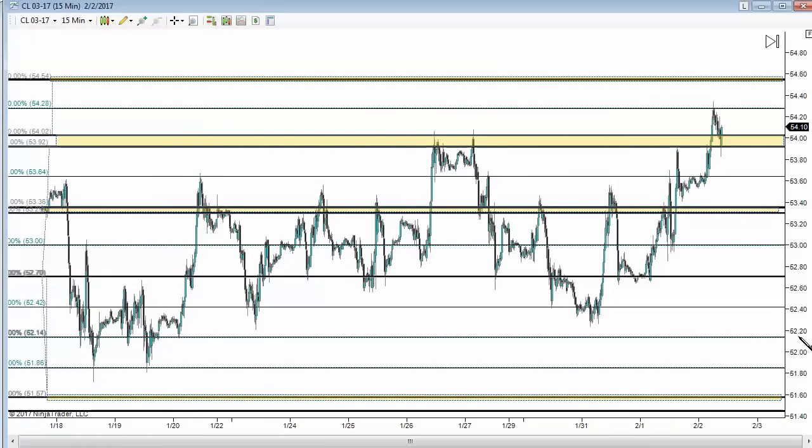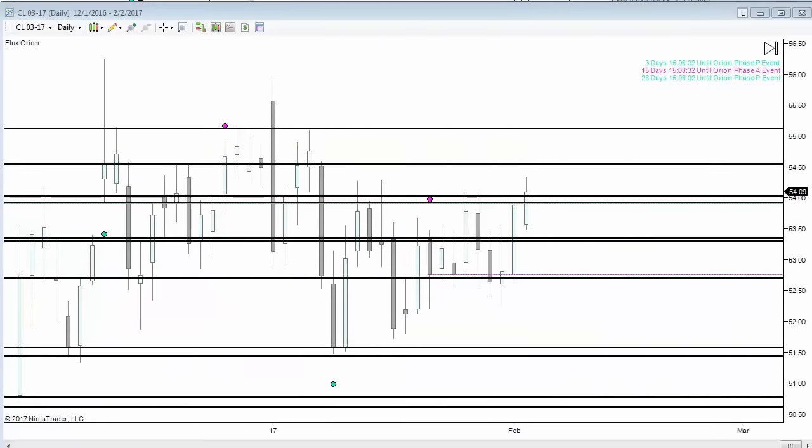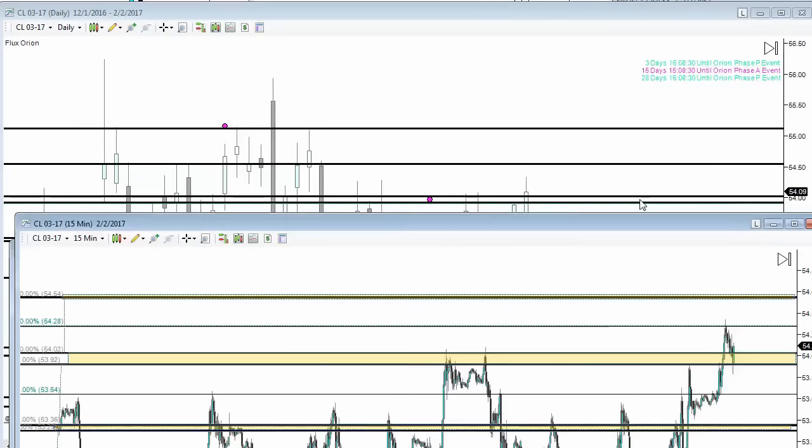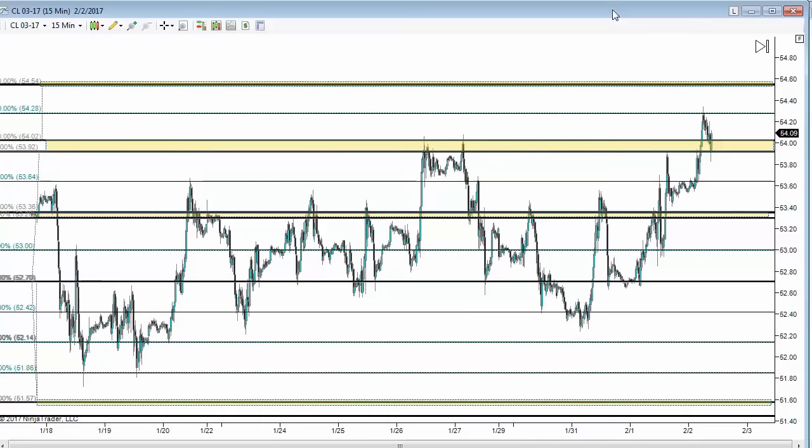We used the lines generated by the time cycles. We applied the lines to all of our CL charts. And now, once the lines were on the chart, we were able to begin cutting the gaps in half to find the intermediate or the secondary lines.